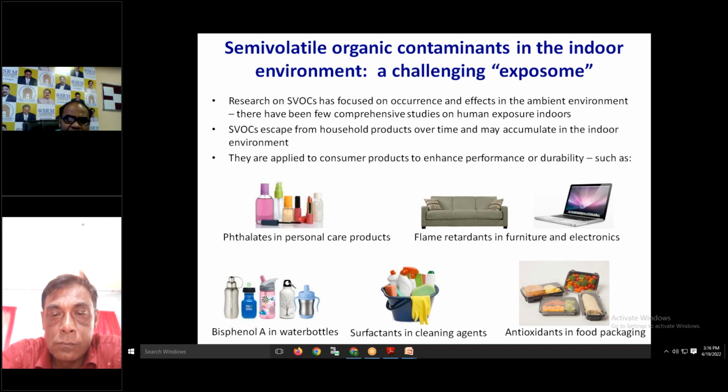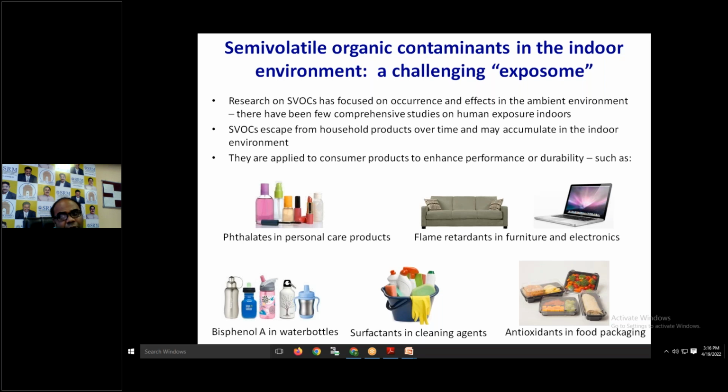To enhance their performance, or for the durability, right? Like, example I'm giving you, phthalates in personal care products. Some of the beauty products are there. In that, one of the exposomics is there, that is your phthalates. So these phthalates we are using in these personal care products to increase durability.